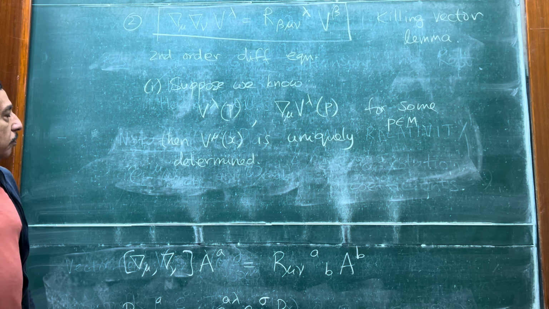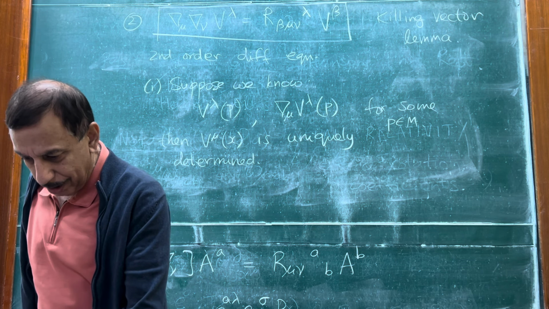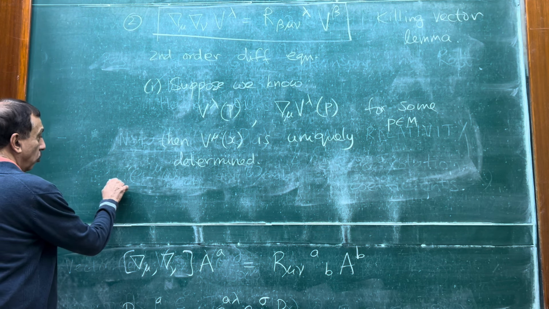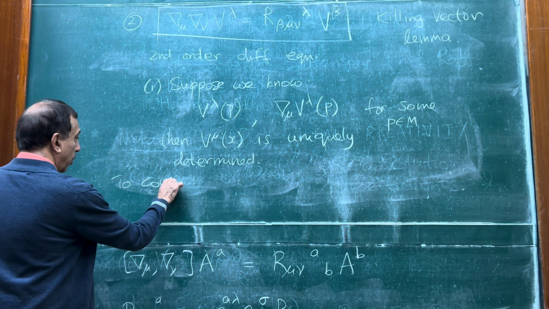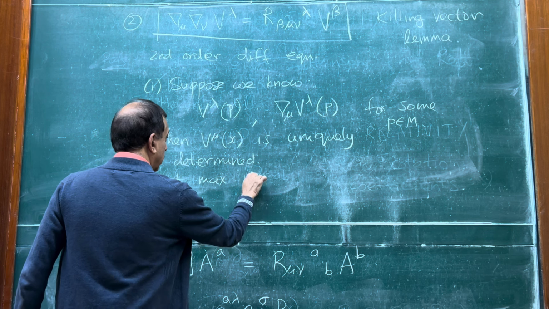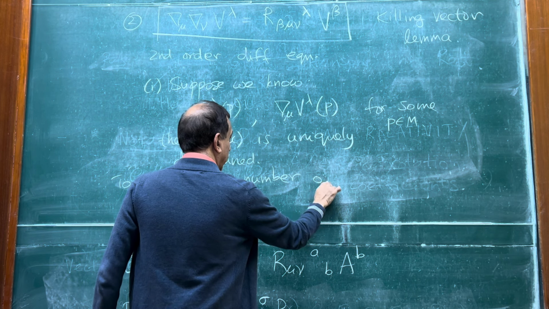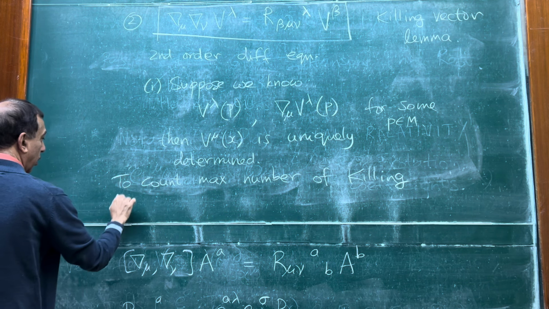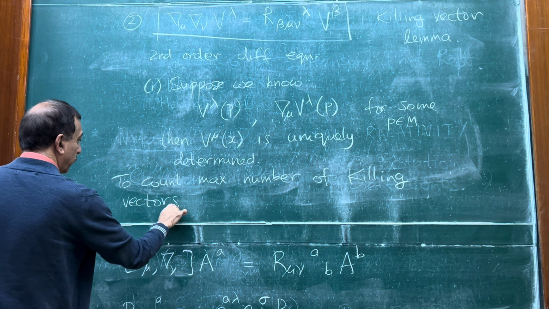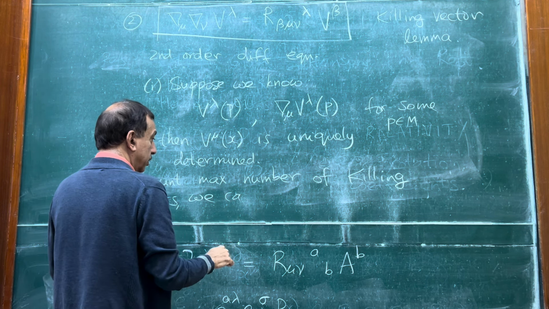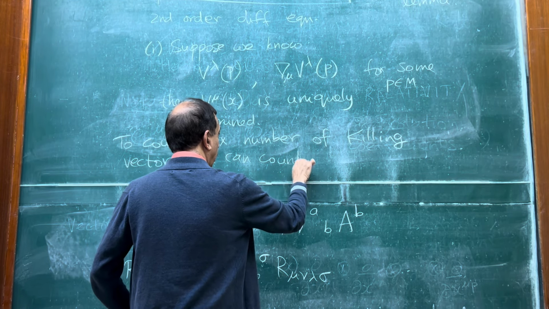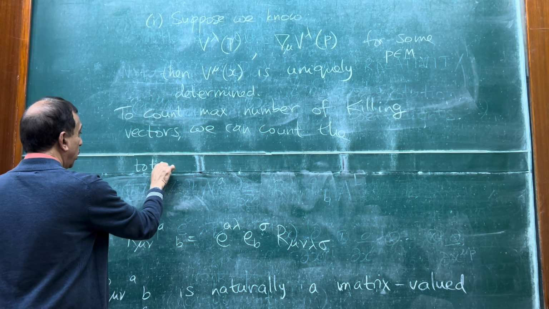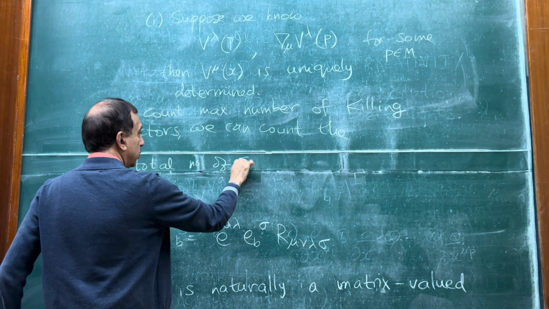So this is one comment, and there's a very useful outcome. Now to count the maximum number of Killing vectors, we can just count the total number of such data.